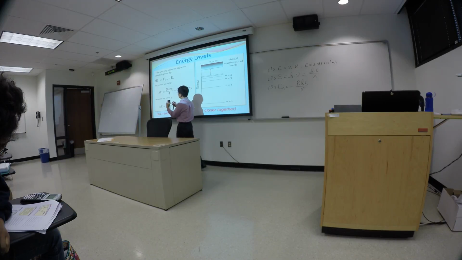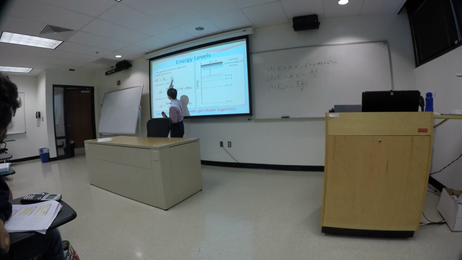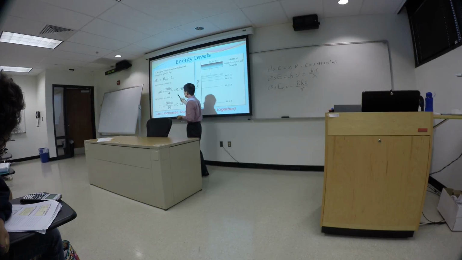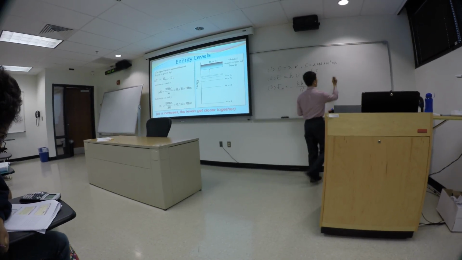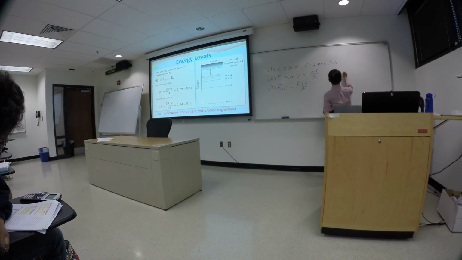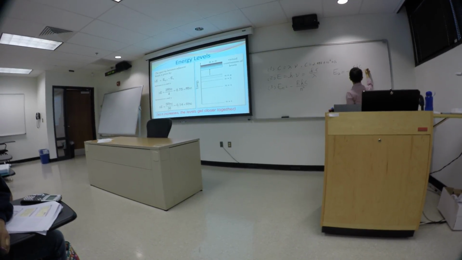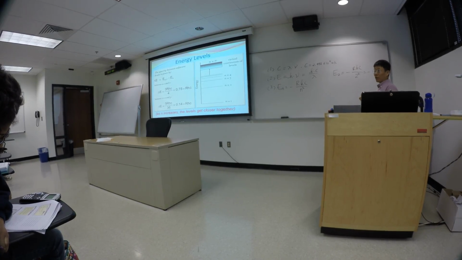Okay. And for two successive energy levels, the energy difference between those two levels equals the difference between those two energy levels there. So for n equals 1 versus n equals 2, E2 equals negative RHC divided by 4.